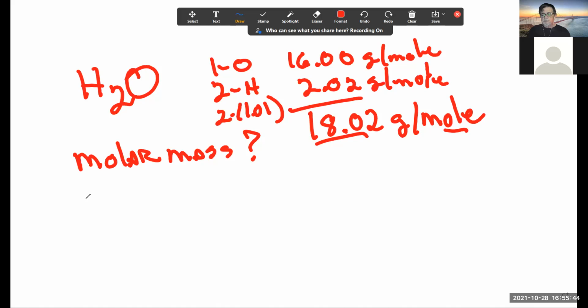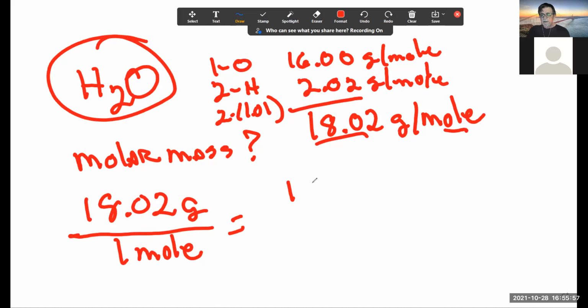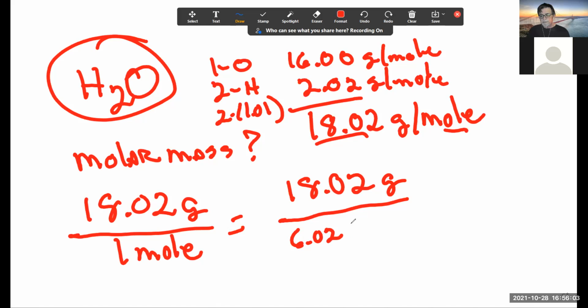I can write this 1 or 2 ways to help you out. 18.02 grams per 1 mole is the same thing as writing 18.02 grams per 6.02 times 10 to the 23rd molecules of water.